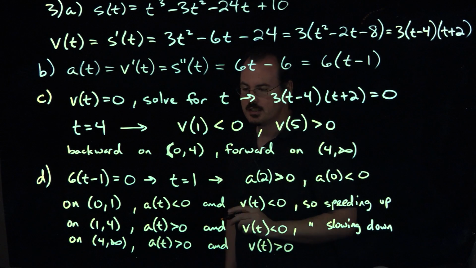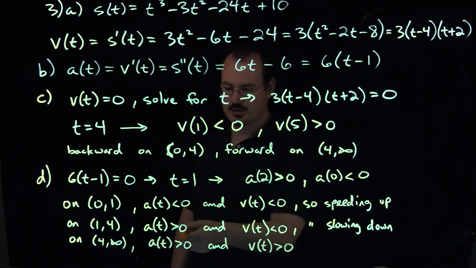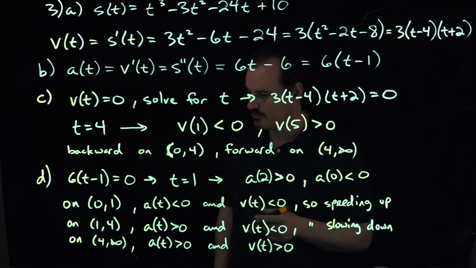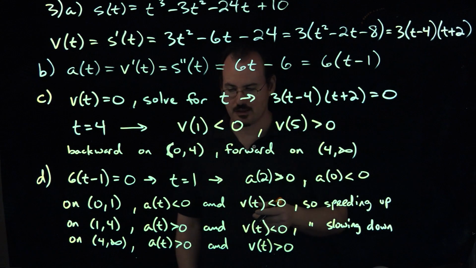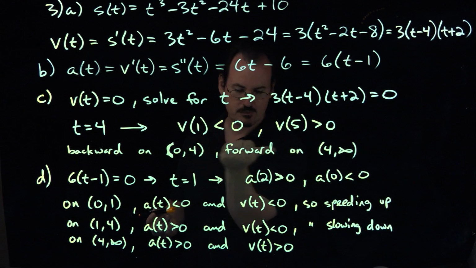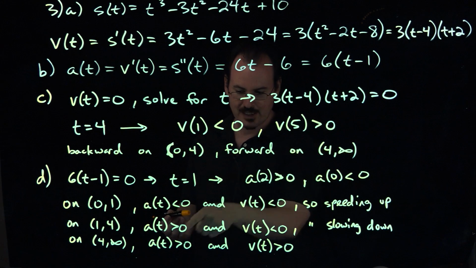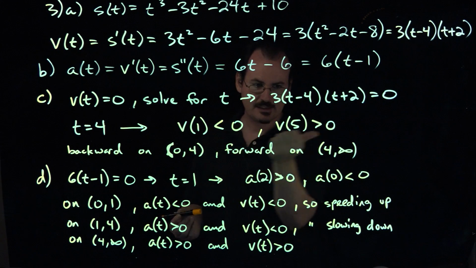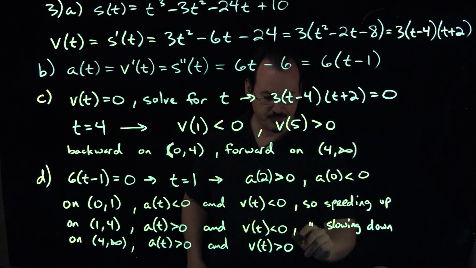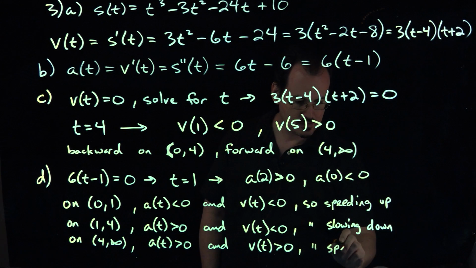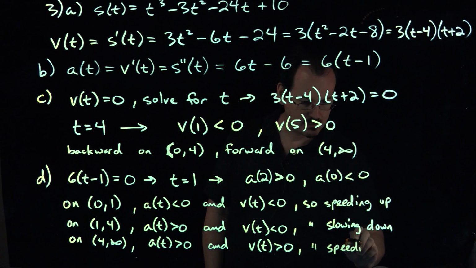Now the velocity and the acceleration again are pointing in the same direction, but in the other way. But it doesn't matter which way they're going. As long as they're the same sign, then the car is accelerating. The velocity is positive, the car is going that way. Acceleration is also pointing in that direction. So it's going that way and accelerating that way, which means it's speeding up. So the car is now speeding up again, only in the opposite direction from before.